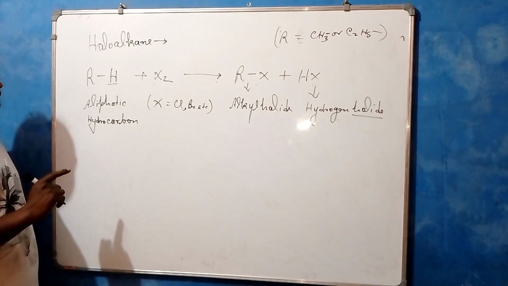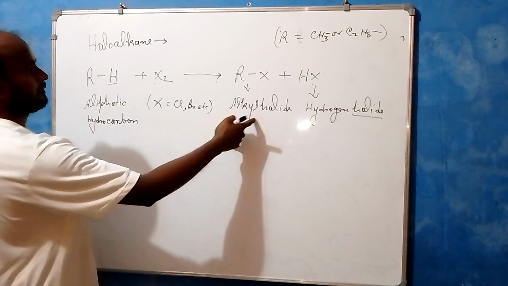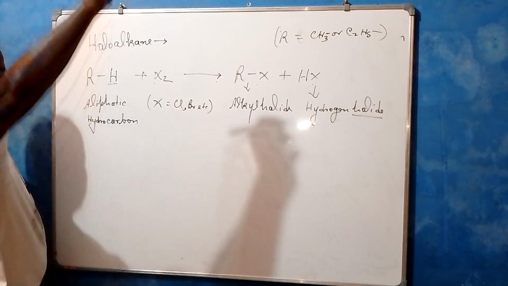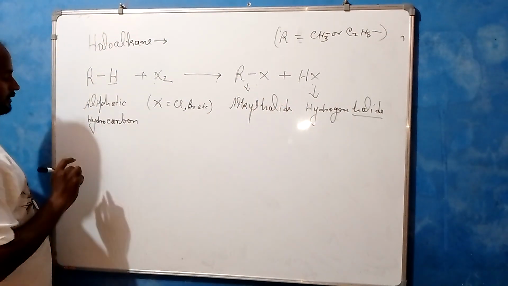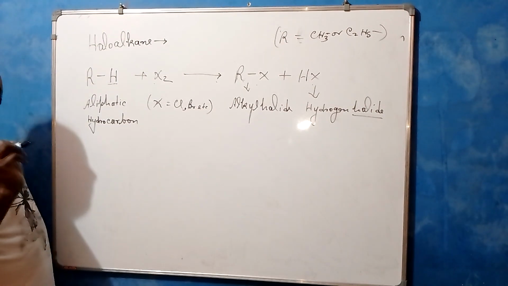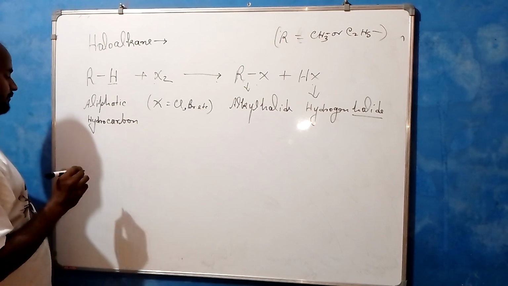One more detail about haloalkane or alkyl halide: we find that it is classified on the basis of the attachment of the halogen to a primary, secondary or tertiary carbon atom.